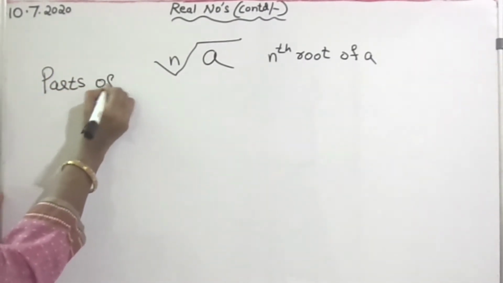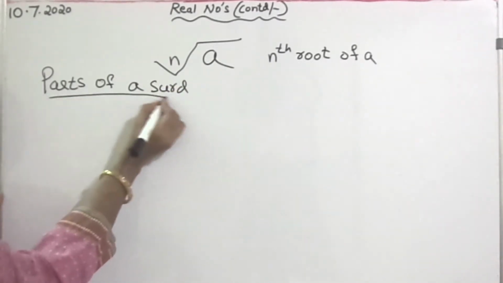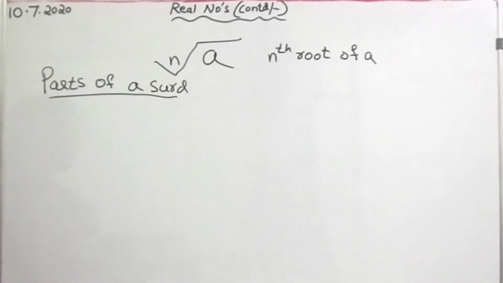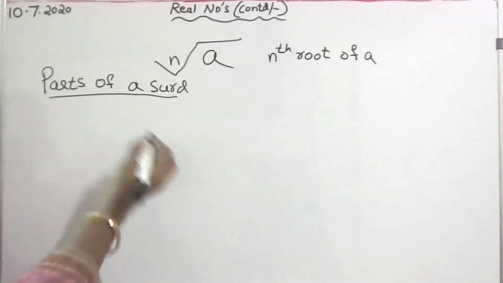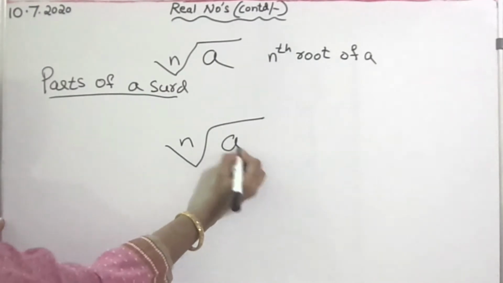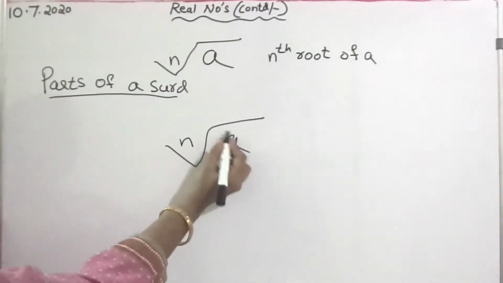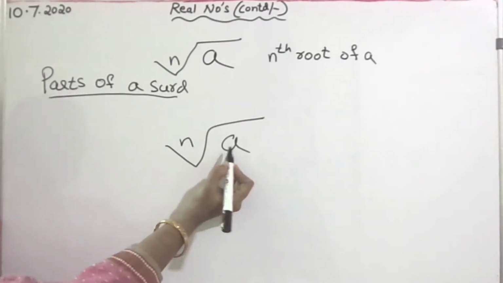Later on we will see why it is called a surd, what are the conditions for it to be a surd. So first let us recognize the parts. Nth root of a is called a surd. Now the inside, can you see this a?